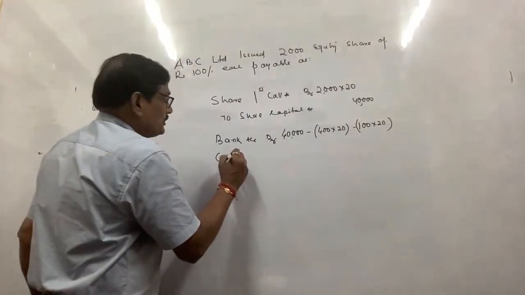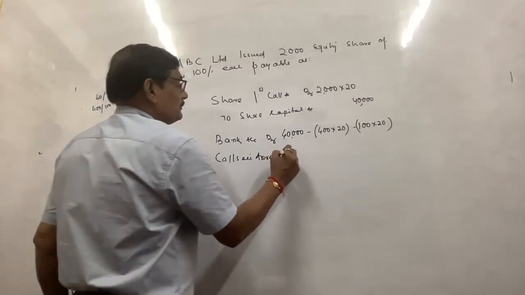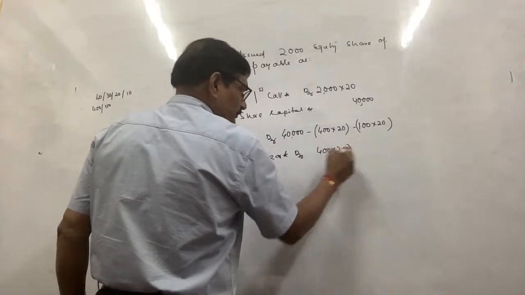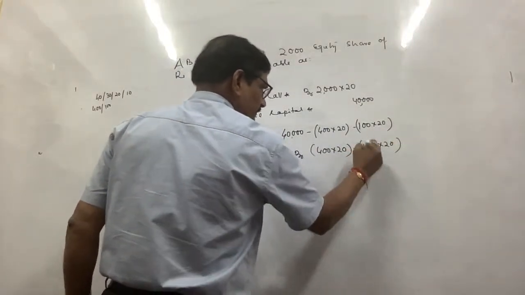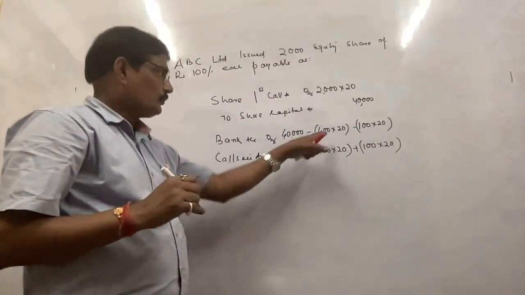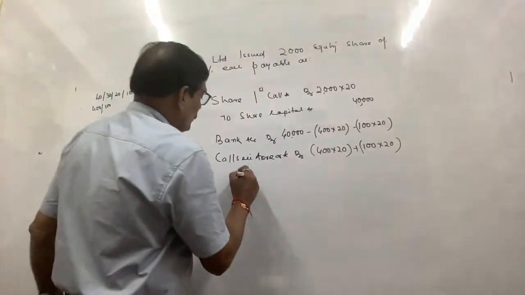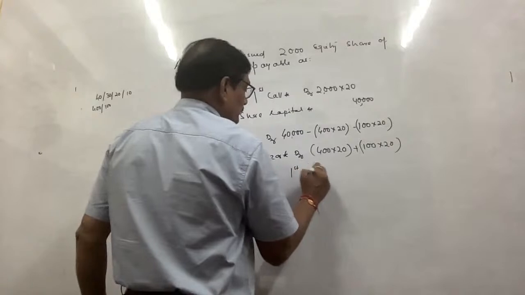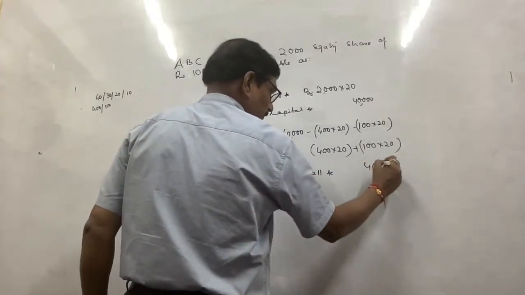And if we open calls in arrear account debited, how much is it? 400 into 20 plus 100 into 20, to share first call account, that is 40,000.